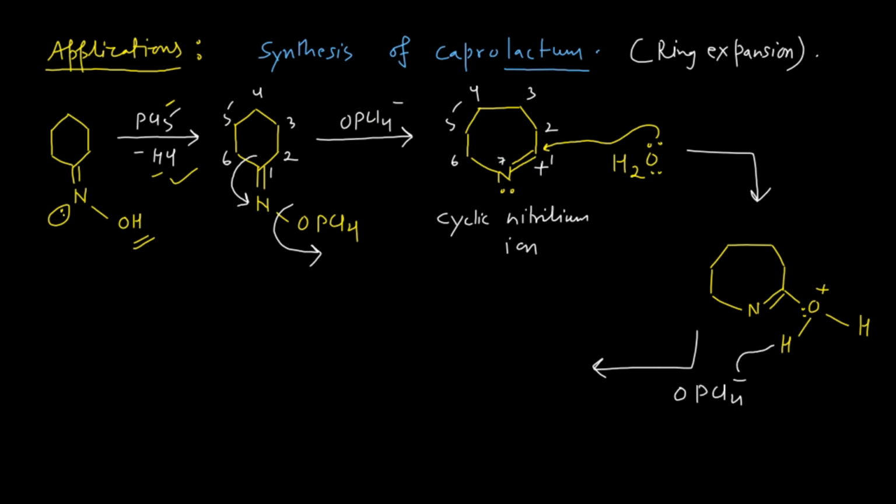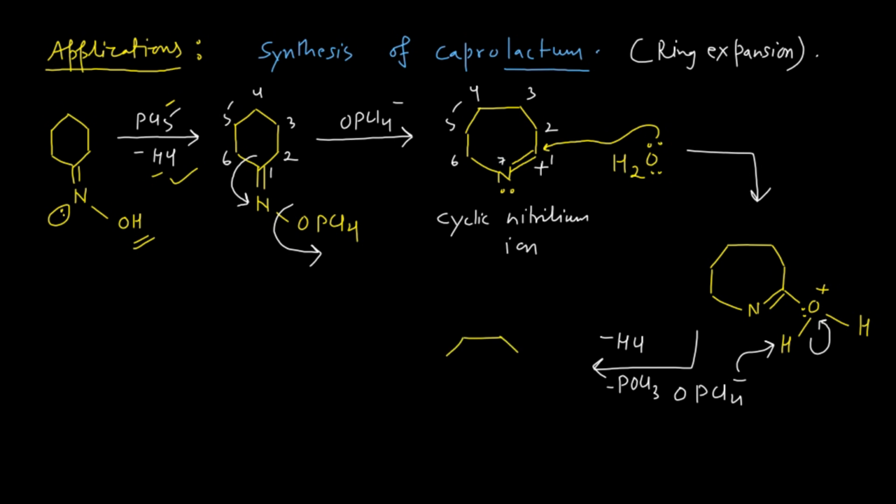This will grab one of the hydrogens, it will push back the electron pair onto this nitrogen atom. So you will have again HCl and POCl3, like that. Okay, and then you will have your enol form.